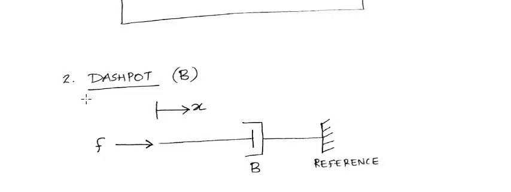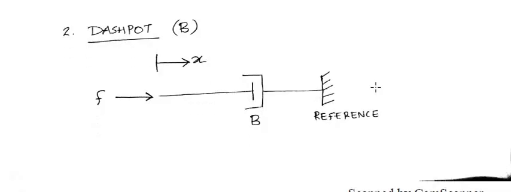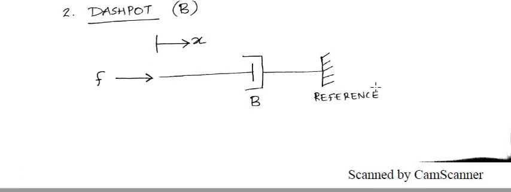Okay, and that opposing force is due to the friction. Okay, so that opposing force due to the friction is represented as F suffix small b.